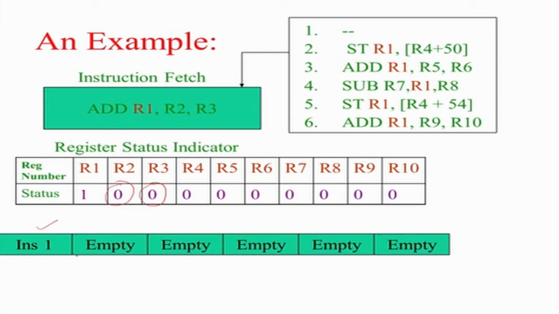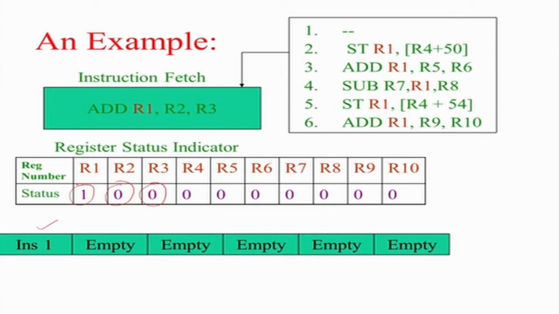Now where is the latest value of R1? It is not in R1, it is currently being computed by unit number 1 and that is why you get this 1 here. So the moment add R1, R2, R3 comes, R2 and R3 are checked, they are all zeros, that means the latest value is available in R2 and R3.